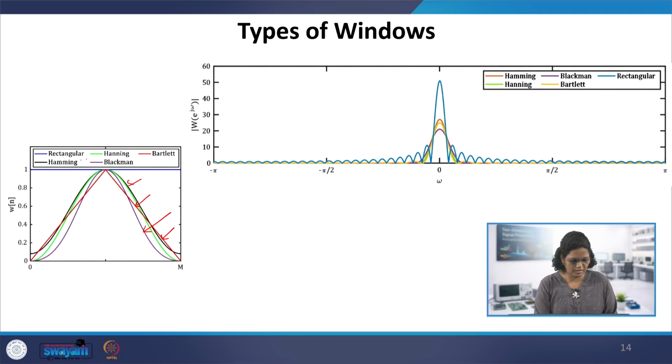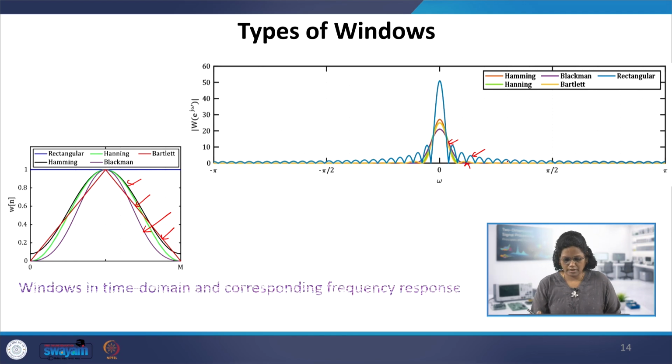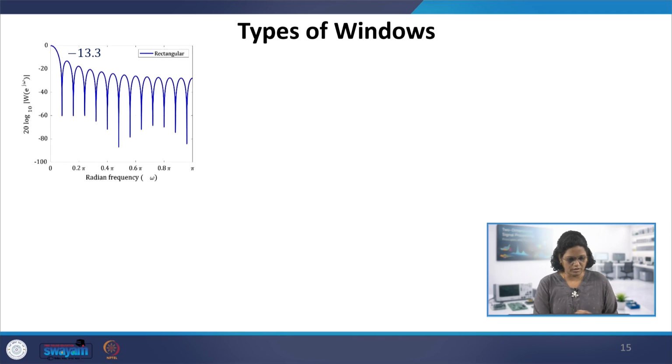The main lobe width is increasing as we go in this way. The Blackman window has the widest main lobe width, but at the same time very small ripple in the side lobe level. The rectangular window has the sharper main lobe, but a higher side lobe level. This can also be visualized in the log plot, where magnitude is plotted in dB.